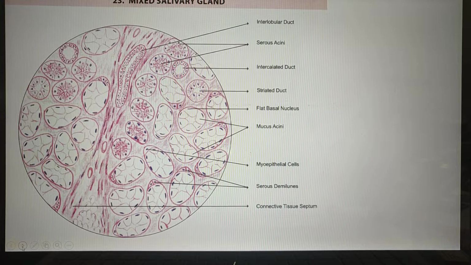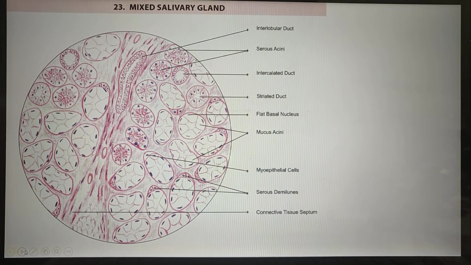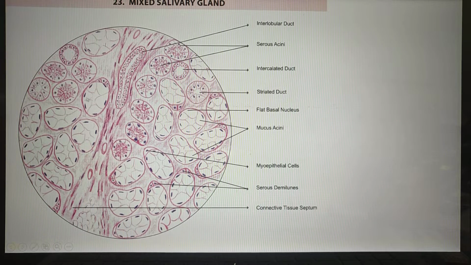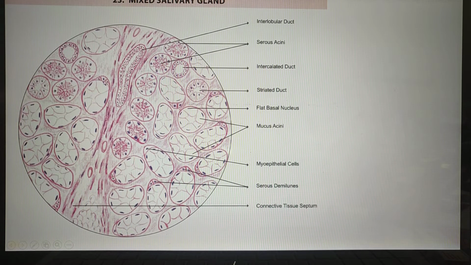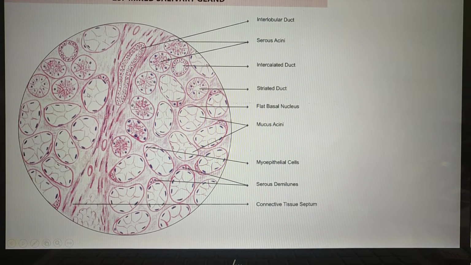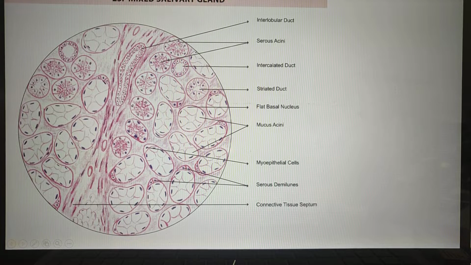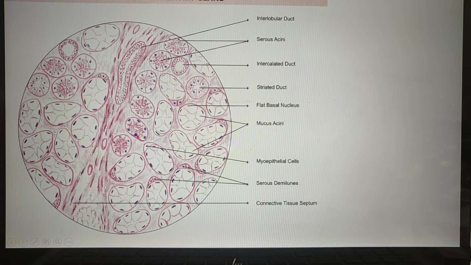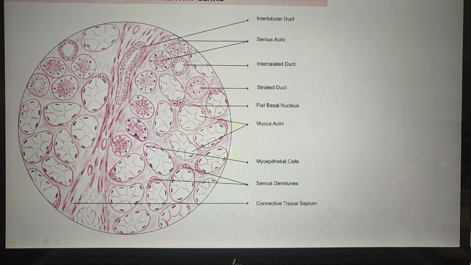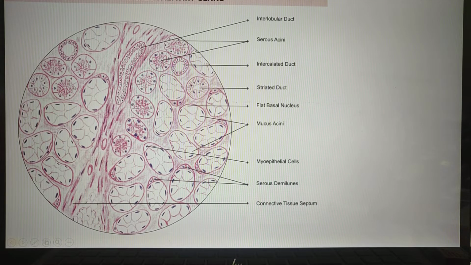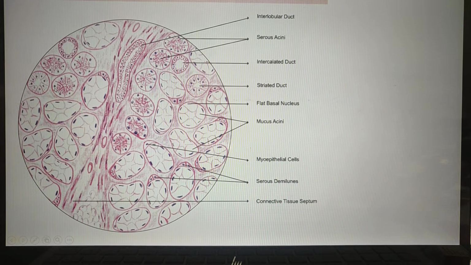This is the enlarged view of the salivary gland. You have to remember that the mucus gland is nearly pale in color, or poorly stained, and its nuclei are flattened and lie at the basal part. The serous gland secretes granules, which are pinkish in color, and its nuclei are round in shape.